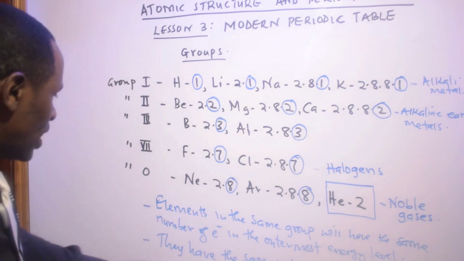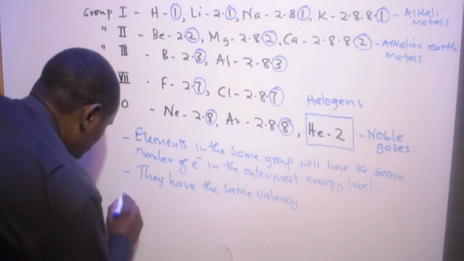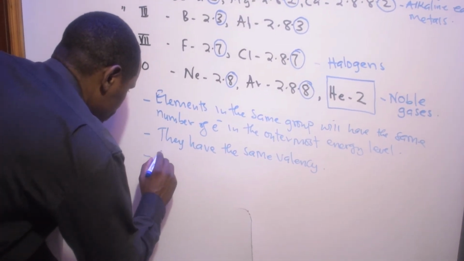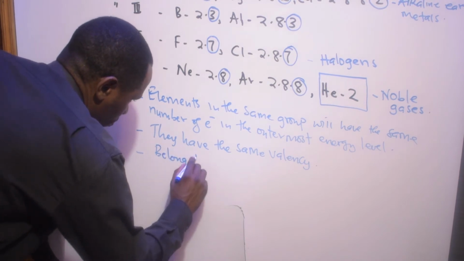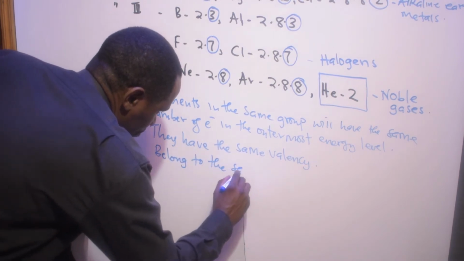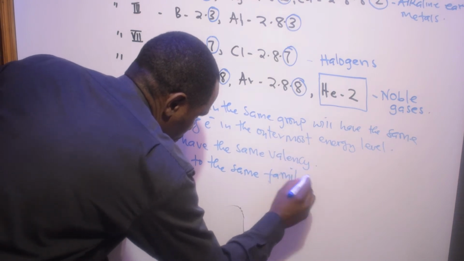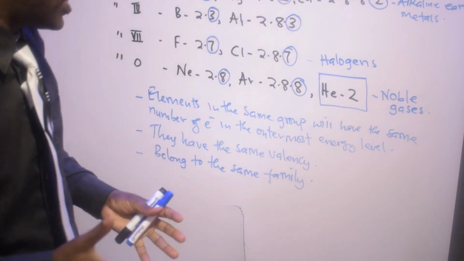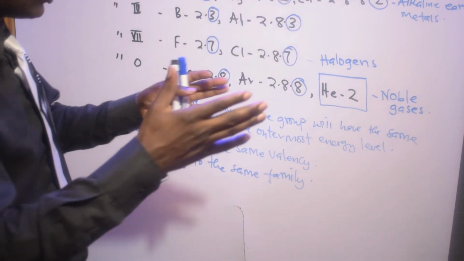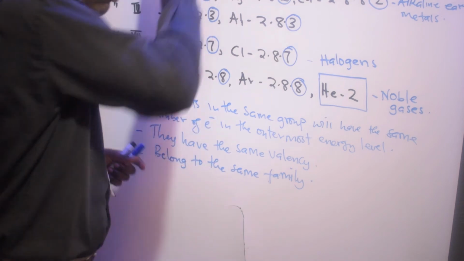For these, they are in the same group, and for this reason they belong to the same family. When we talk about grouping elements in terms of their properties, our key thing is the group.